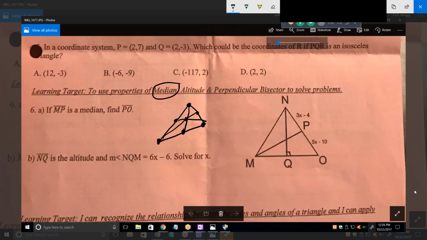I'll draw that up here. If I have a triangle like this, an altitude is where you start from one vertex and you draw a line that is perpendicular to the other side. Like that. It's not a median. I didn't go to the middle of the other side.